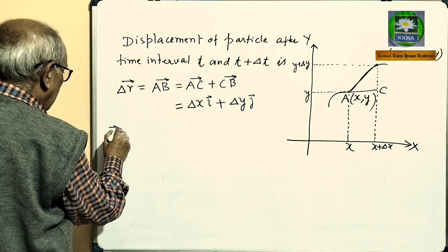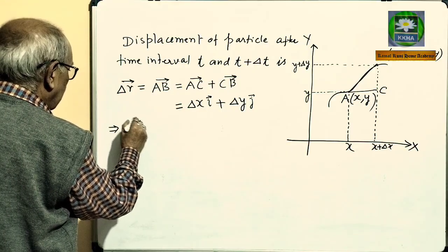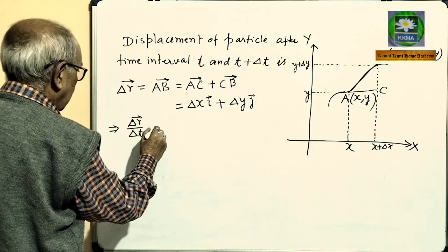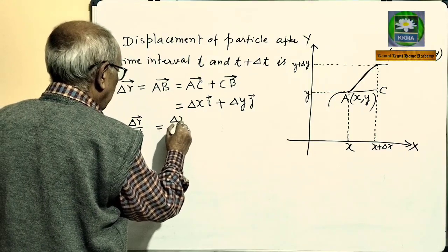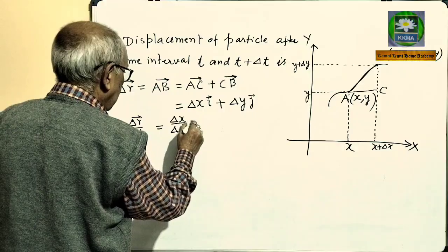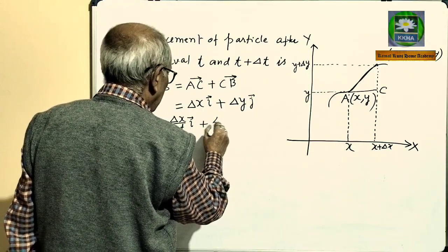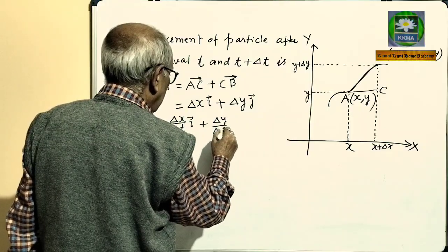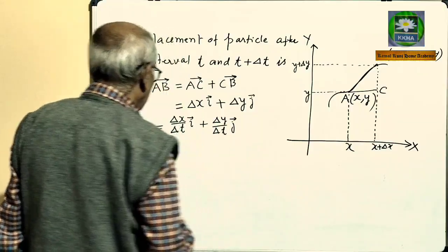This implies that delta r upon delta t is equal to delta x by delta t unit vector i plus delta y upon delta t unit vector j.